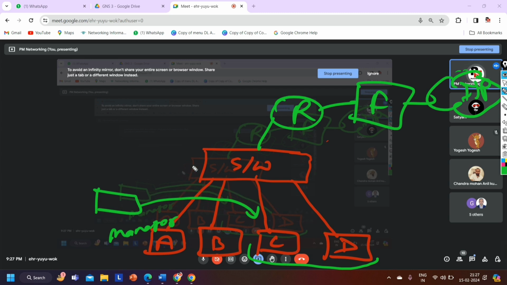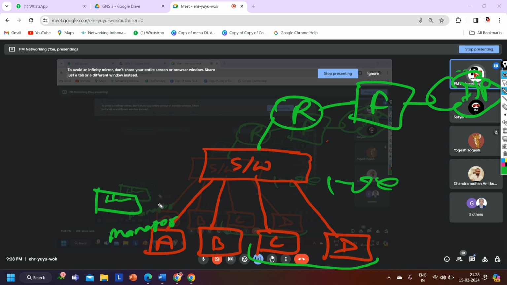And guys, if the manager wants to send a message to everyone in the network, let's say there are 1000 employees in the company, and the manager needs to inform everyone that tomorrow is a holiday. So what can the manager do? The manager can send a single message to the broadcast address, the last address of the subnet. We will see the broadcast address and multicast address in IP addressing, maybe in day 3 or day 4.